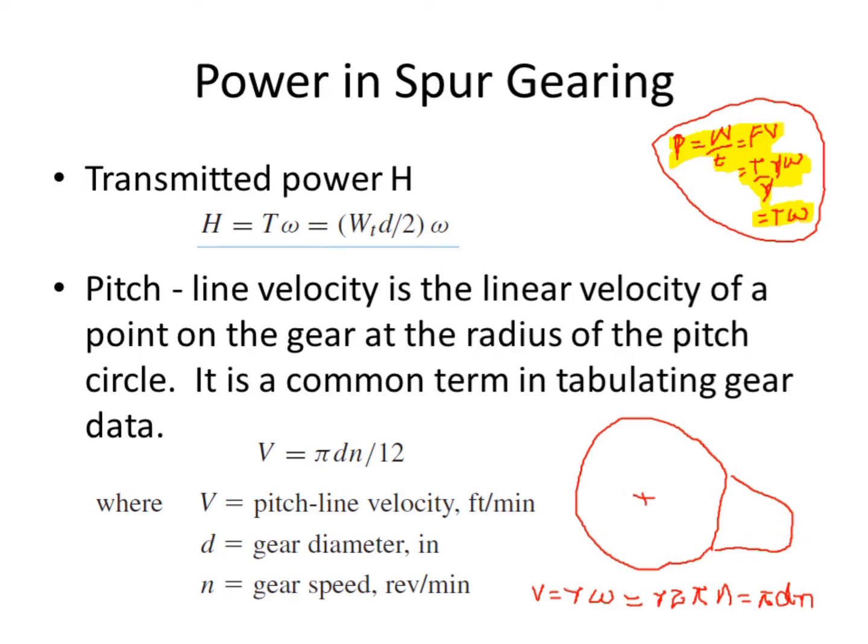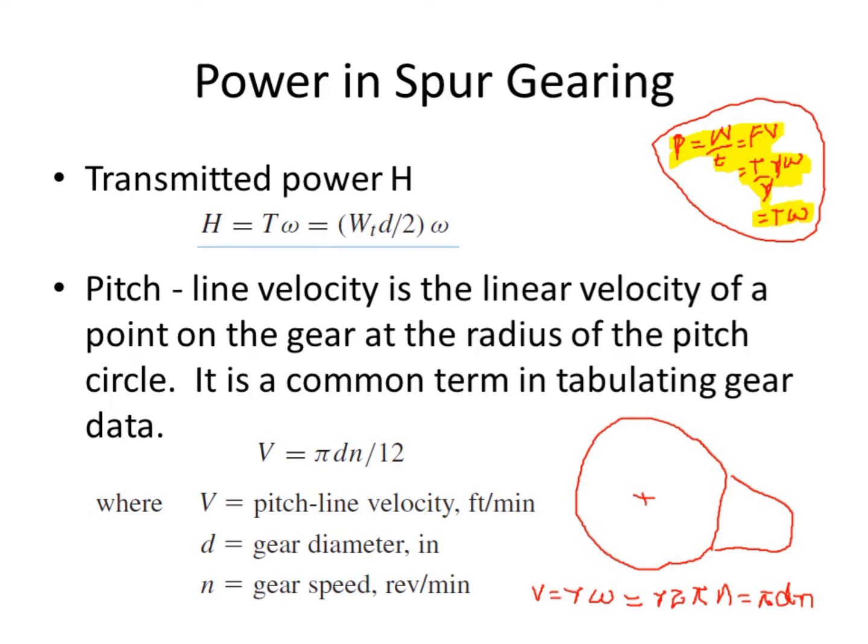Now let's talk about the pitch line velocity. Pitch line velocity is the velocity of any point on a pitch circle. If you take any point on the pitch circle and measure its velocity, that velocity is called the pitch line velocity. We know that V is equal to R omega, where R is the radius of the pitch circle, and omega is equal to 2 pi n, where n is the number of revolutions per minute.